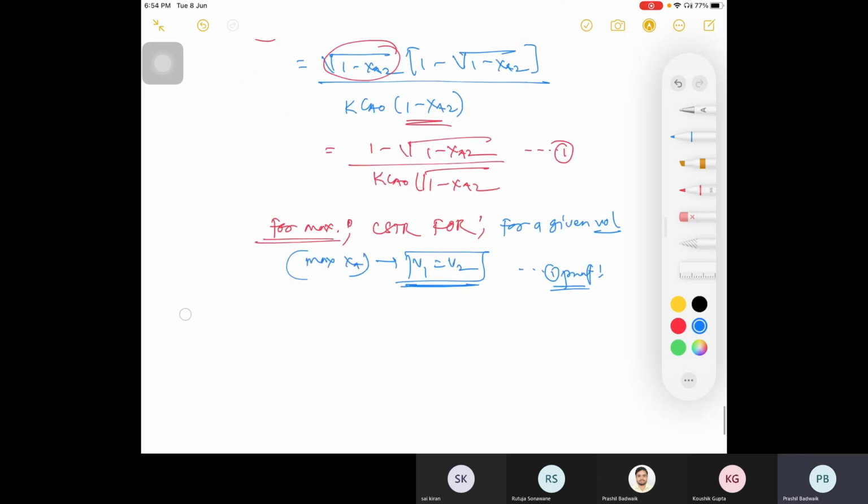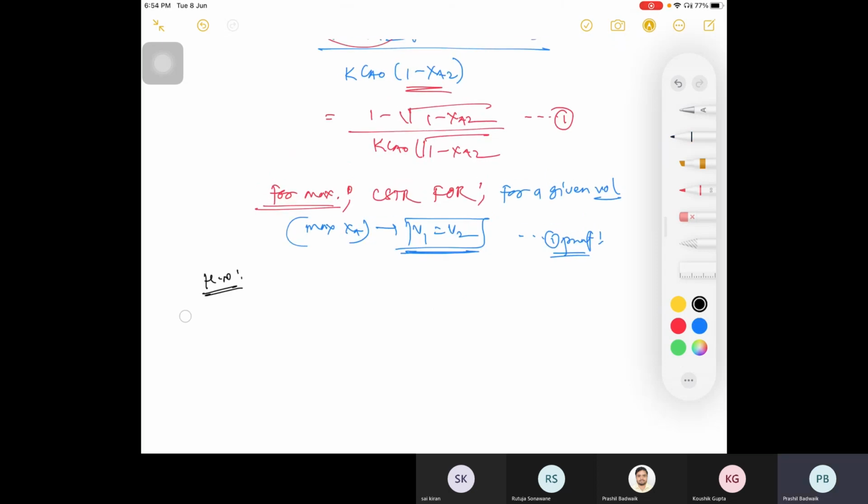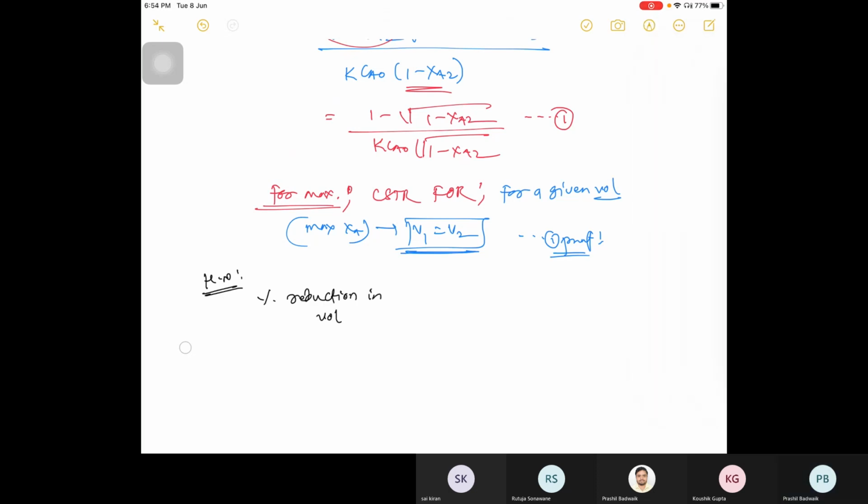Now please prove, this will be homework for you, how much volume has been reduced. Okay, so you need to calculate the percentage reduction in volume, right? Suppose you have these two reactors.